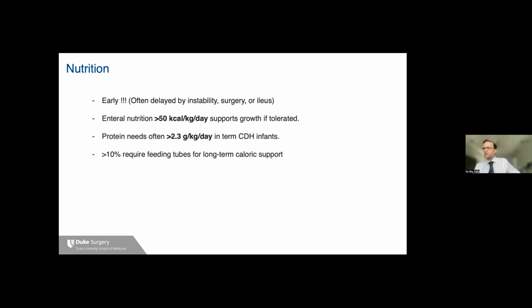Final word about nutrition. The key thing for nutrition is to start as early as you can. Often this is delayed by instability of the infant, surgery, or post-surgical ileus. But the key thing is to keep thinking about it and try to get enteral nutrition going as soon as you can.